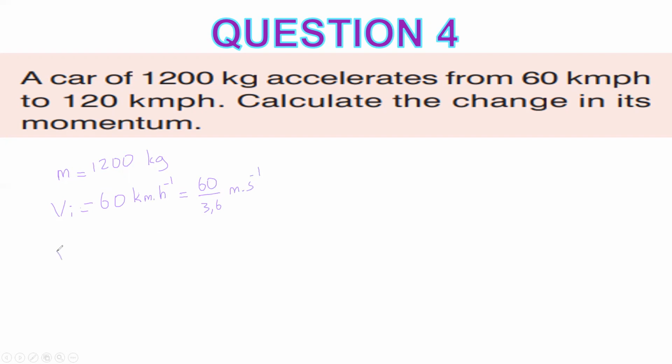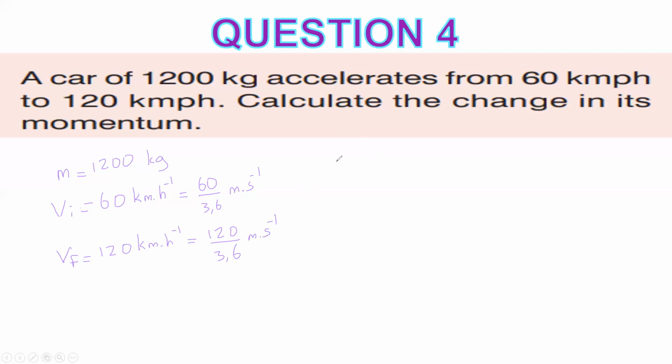We don't need that. So V initial, we have done. V final is coming now. 120 kilometer per hour, and you can write 120 over 3.6 meter per second. All right. So this is our final velocity.